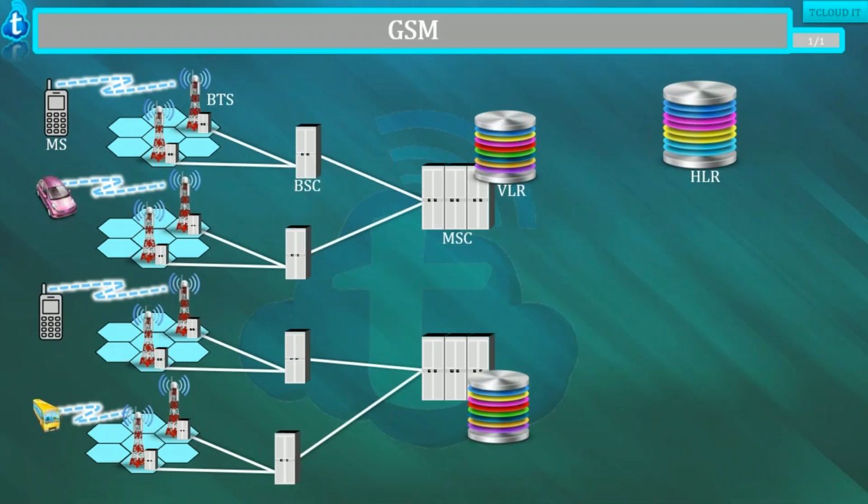Now, when they first arrive here, what does Hyderabad MSC do? By looking at their number, Hyderabad MSC will be able to determine, oh, this particular number belongs to so and so location. I need to contact that particular location's HLR, and I need to gather subscriber information from that HLR.